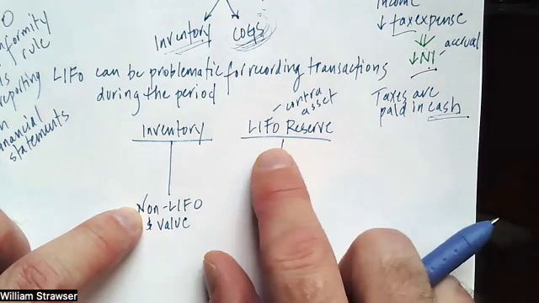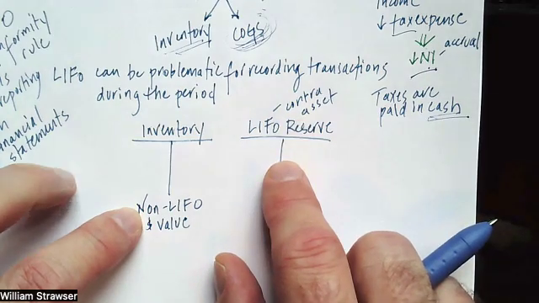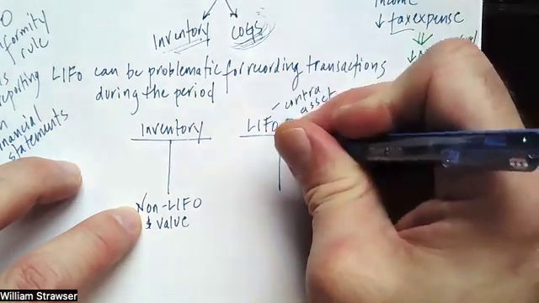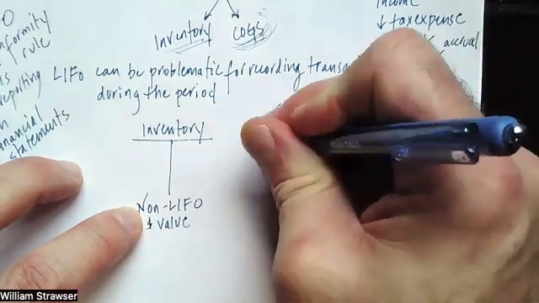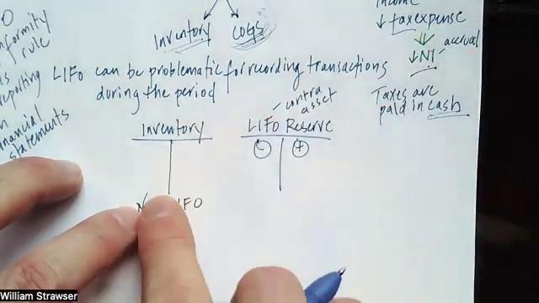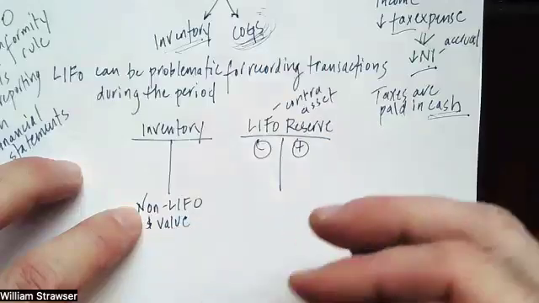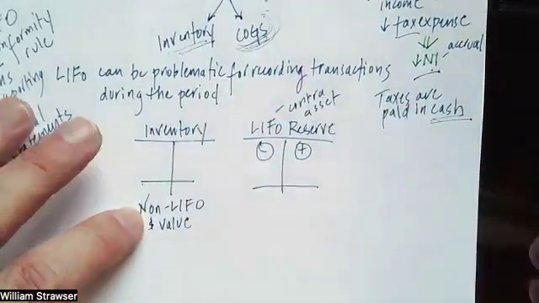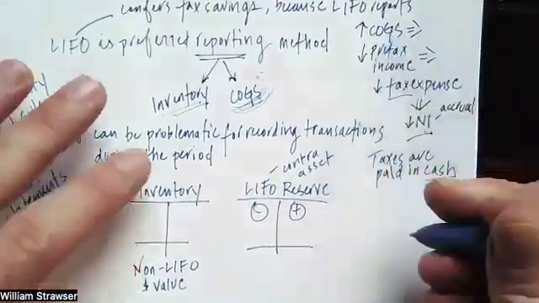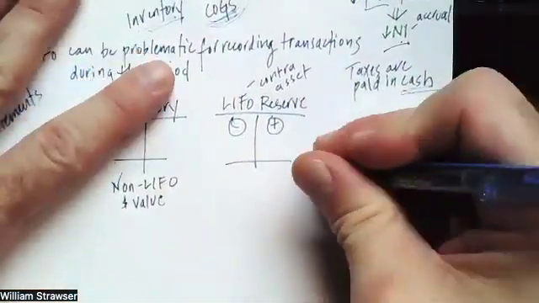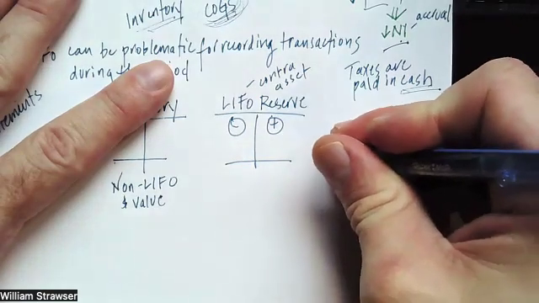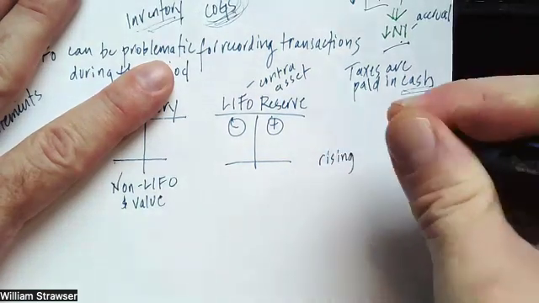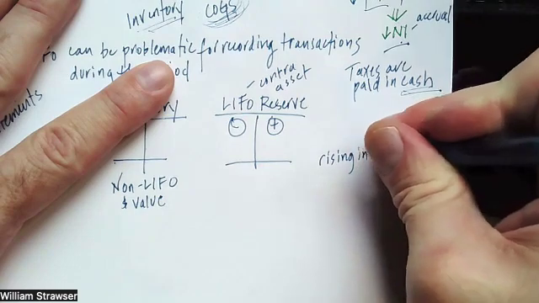At the end of the period, we use this contra asset account to lower the dollar value that is reported under the non-LIFO term. Because typically under LIFO, two things happen. We talked about the increase in the cost of goods sold, but really two things happen during periods that have rising inventory costs.